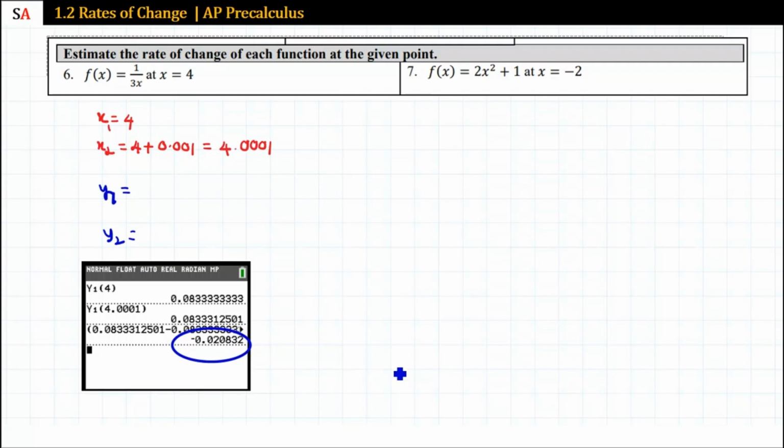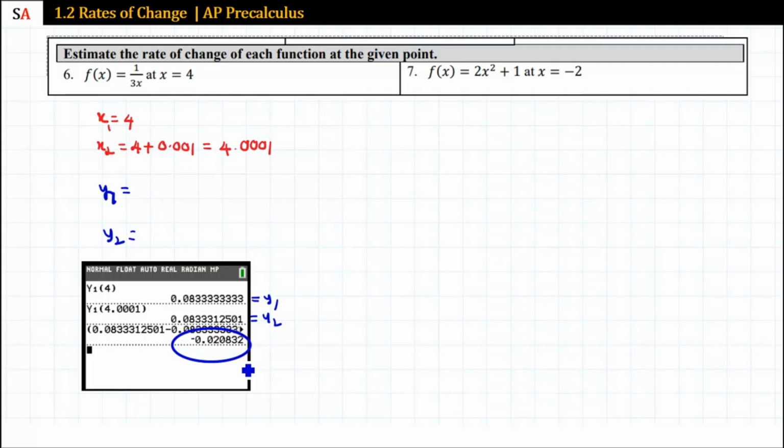Okay, and this is the y1 value and this is the y2 value, and you can plug these values into the formula y2 minus y1 over x2 minus x1.